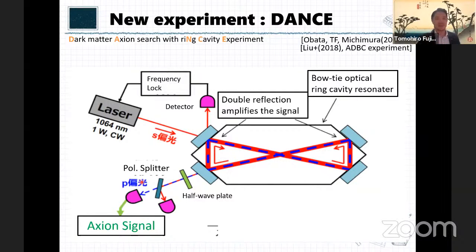Because the prediction of axion-like dark matter is that we always have this kind of perpendicular component, and its amplitude is always oscillating in phase with the axion field oscillation. So we always have some signal, this perpendicular component, axion signal plus noises, and the noises are expected to be much larger than the axion signal. So basically, we will do a Fourier transformation and extract the axion contribution, which is supposed to be a cosine oscillation.